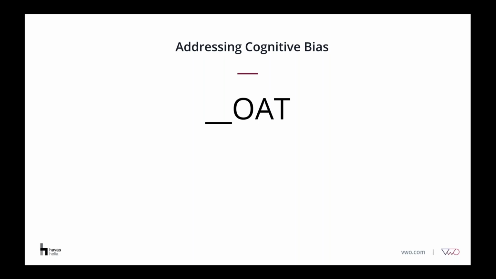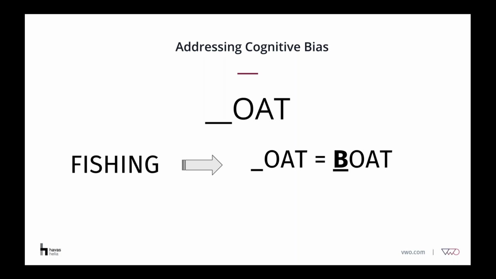One could be that you are thinking of coat. Another would be the word moat. So as you can see, your thoughts are not streamlined in terms of which word this is. But if I provide you a cue, so maybe I introduce the word fishing, and then ask you which word this could be, there's a good chance that you think of this word as boat, because fishing is linked with boat.